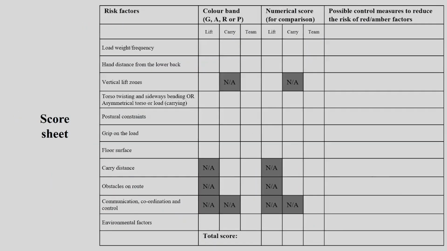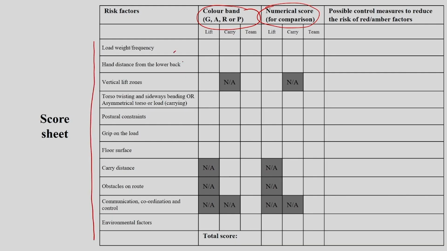Now let us understand what kind of data sheet we have for data collection. We can see two specific portions: one is the color band, another is the numerical score. As we go on, we will understand how it works. And there is a full list of risk factors.